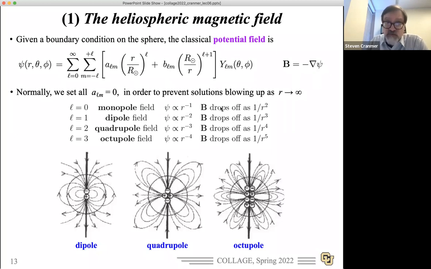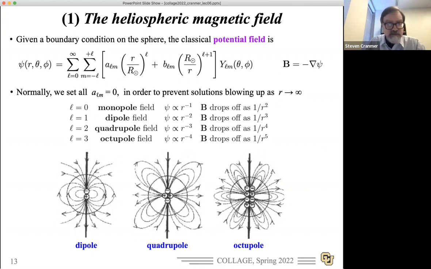If it did exist, it would be a magnetic field where the field lines all point radially away from the monopole source and drop off as 1 over r squared, much like the electric field from a point charge. But a real magnetic field is dominated by these higher terms that drop off more rapidly and represent more complicated sets of plus and minus magnetic polarity, pointing in or out of the spherical surface.